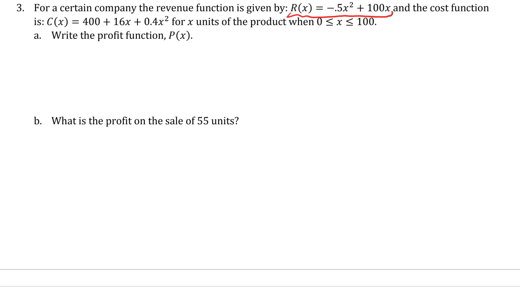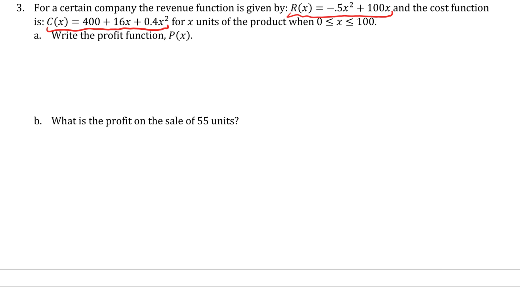All right. The cost function, that one tells you how much it costs to make those 10 units. So if we plugged in 10 into here, then it would just say, here's how much it costs you to produce those 10 units. All right, so for part A, we want the profit function P of x.